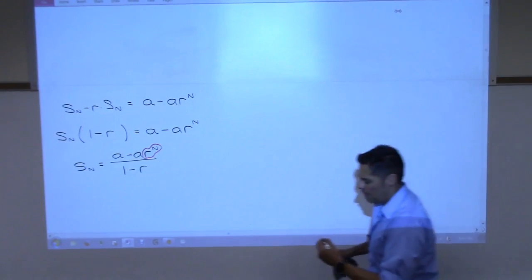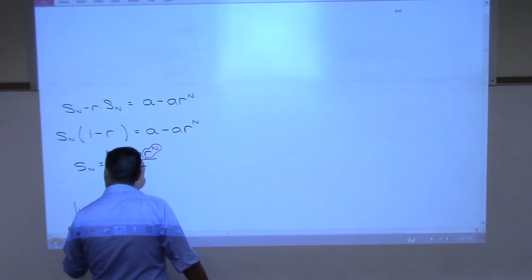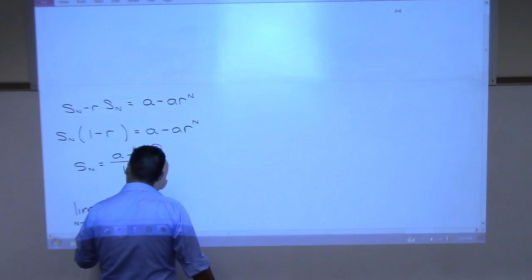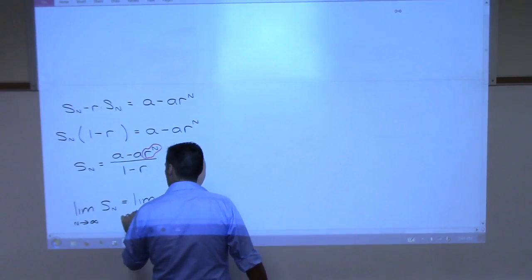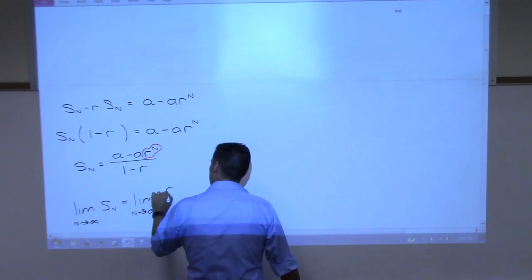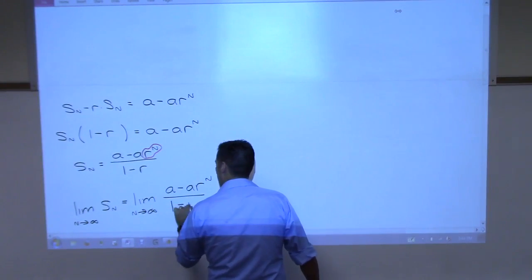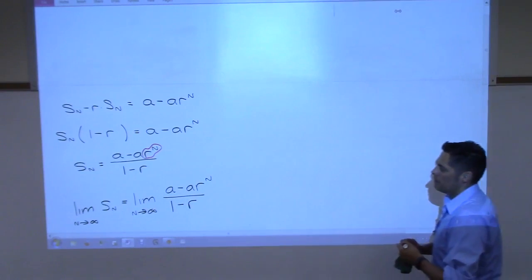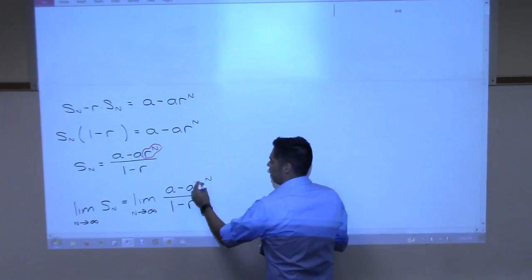So now, if I take the limit as n goes to infinity of S sub n, I get the limit as n goes to infinity of a minus a r to the n over 1 minus r. Anybody recognize the part that's in red here?